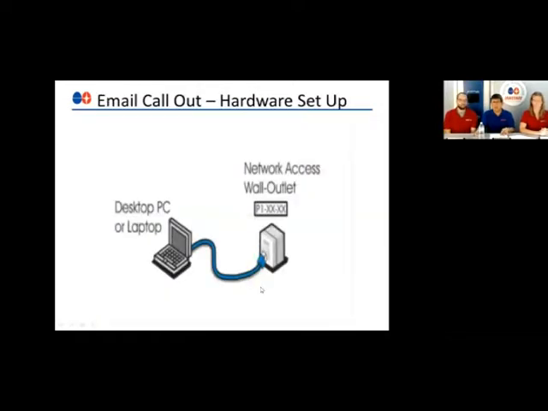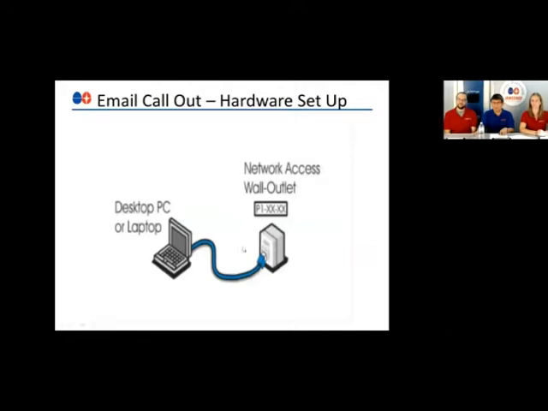Now we go to the email call out hardware setup. Using the email feature requires that the computer be connected to a permanent internet connection to access a reliable email server. The configured NIC, or network interface card, which usually comes built in with a PC, will have to be connected to the office network via Ethernet cable.